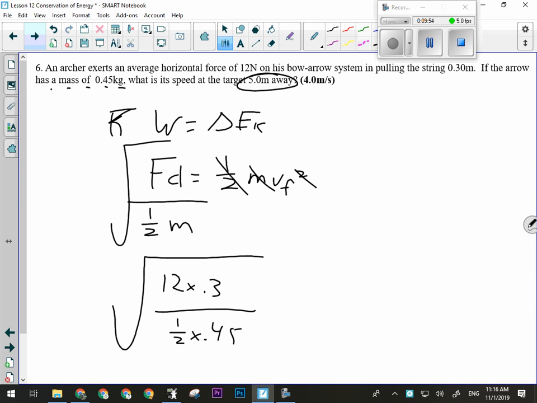No arrow is 450 grams. That's more than the carts that we use for labs. That's ridiculous. I don't know why I picked that number. That's what happens when you pick numbers out of thin air. When we do that, we should get that the speed when it reaches the target is 4 meters per second because its kinetic energy is not going to change along the way.